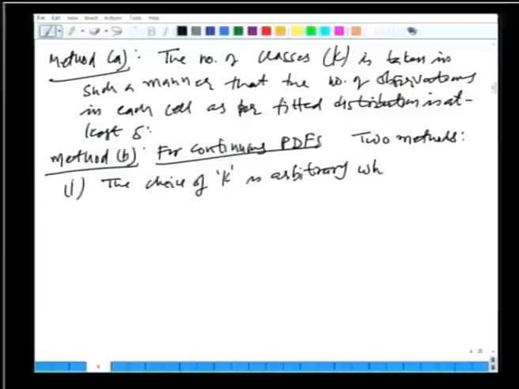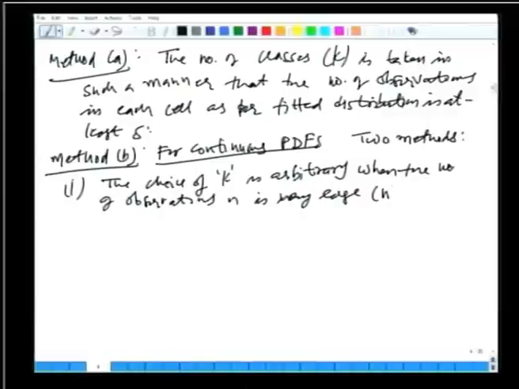This is applicable when the number of data or observations n is very large, okay. When it is too large, actually we do not worry too much, all right, it can be arbitrary. Too large means n may be more than 200 or so, okay, that is when we say it is too large, all right. And how do we determine that?